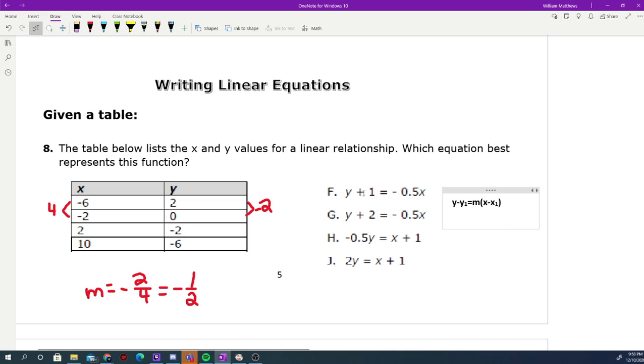Now to help us out, I can choose a y value that would give me a positive 1 or a positive 2 in the equation, which would be the opposite. So in this case, I would be looking for a negative 1 or negative 2 for my y value, which I have one. I have the negative 2 right here.